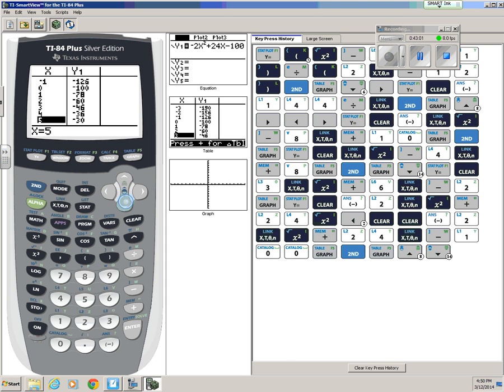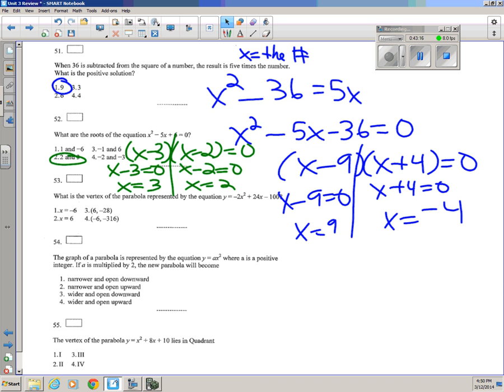Oh, hold on, went too low. There we go. That has to be the vertex, because on either side of positive 6, negative 28, we've got a symmetrical piece. It's going to be this one, 6, negative 28.